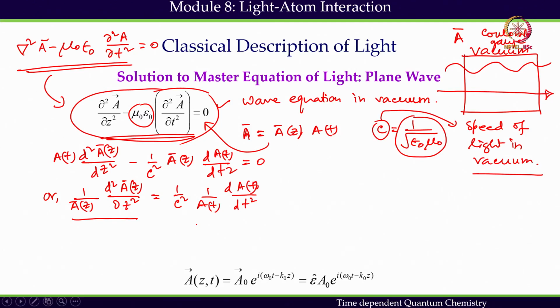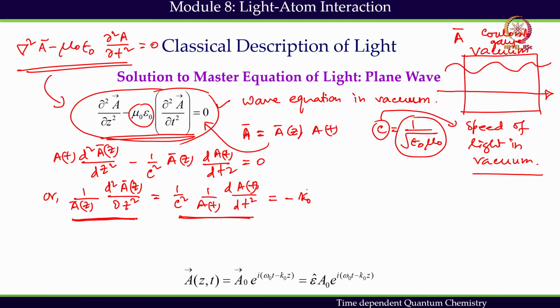So, what we see is that in the left hand side I have one particular variable, right hand side I have another variable, two terms which depend on two different independent variables, and they are equal. These two terms have to be equal, and that can only happen when this is constant.